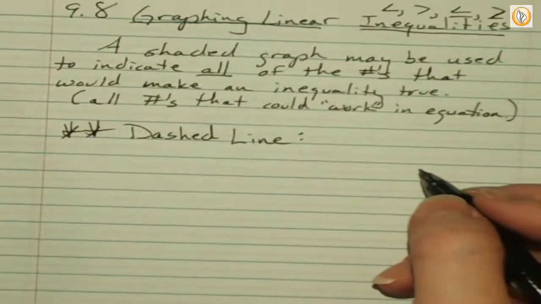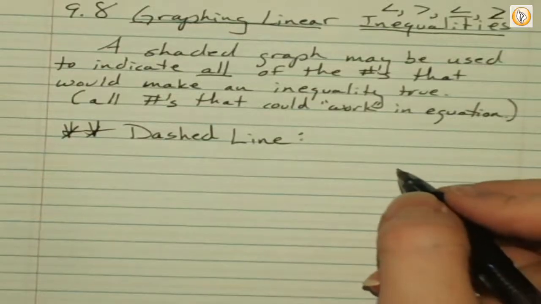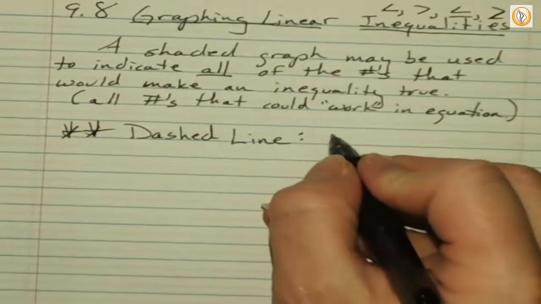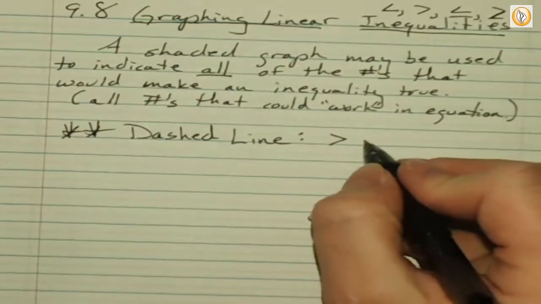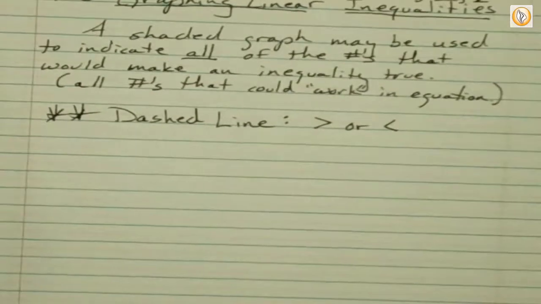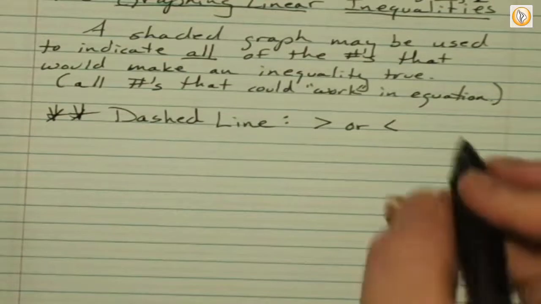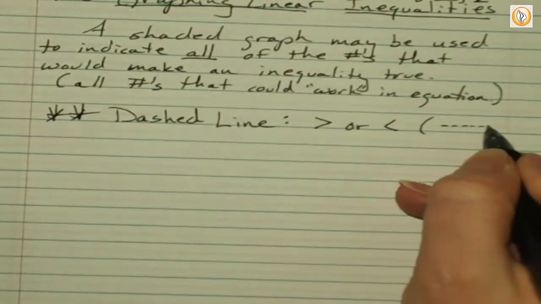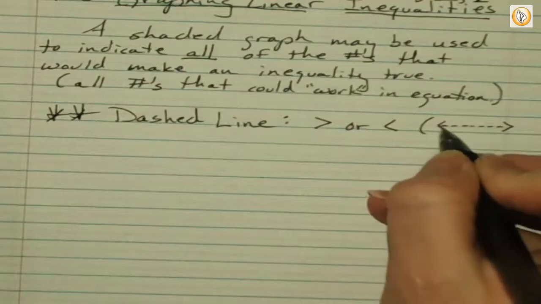We've been doing it in Algebra 1. A dashed line is going to be greater than or less than. So anytime your equation has a greater than or less than, it's going to be a dashed line.